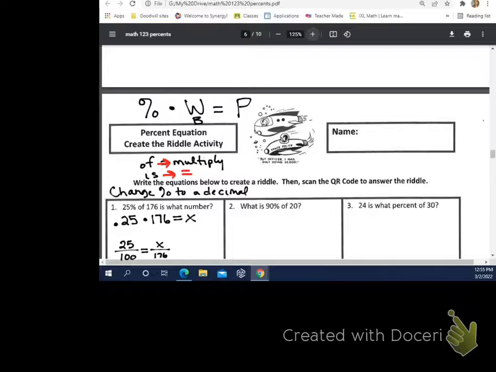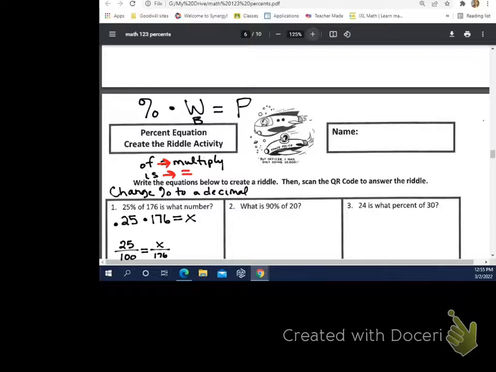When we multiply, we'll still be multiplying 25 and 176. Then when we divide by 100, the decimal is going to jump 2 places to the left. Here, when we change it to a decimal, we've already divided by 100 by moving the decimal to shake off the percent sign. Both of these problems, we get the same answer.